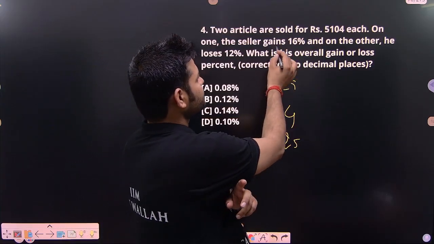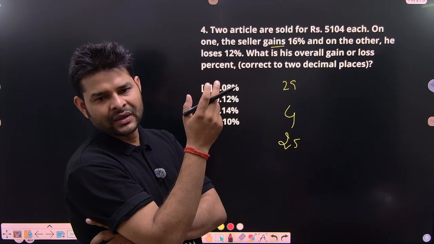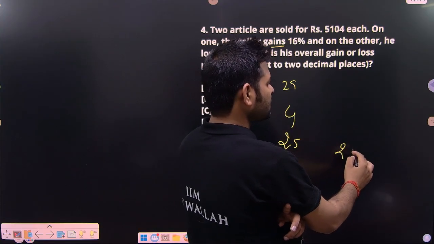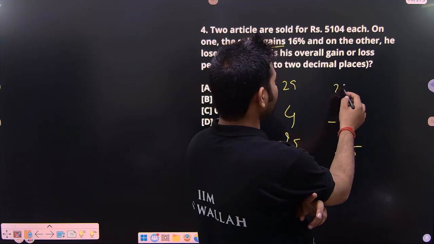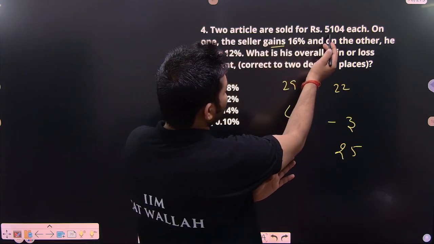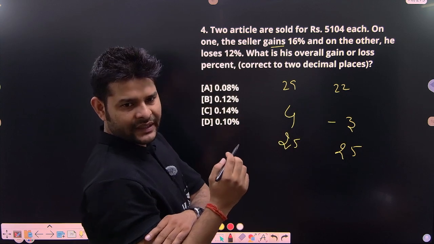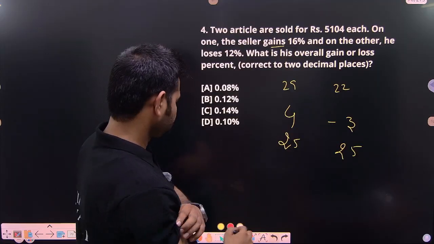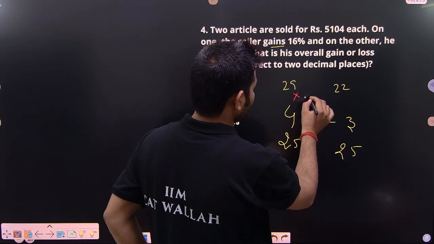On the next one, he loses 12%. So 12% would be 3 upon 25. So 25 is your CP and 3 is your loss, that would be 22. The 2 articles are sold for rupees 5104 each. That means the selling price of both articles is the same. Got it or not? Selling price is the same, so you need to make them the same.